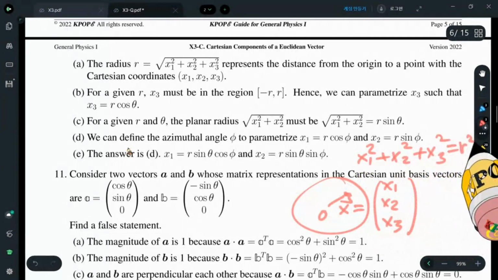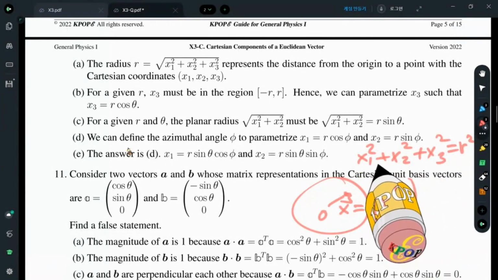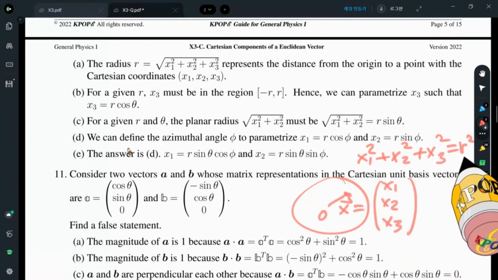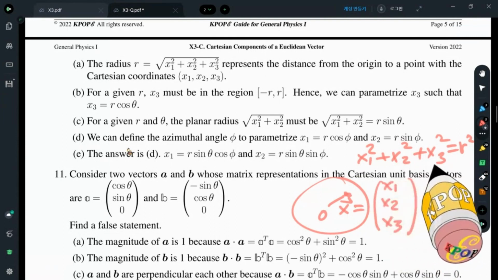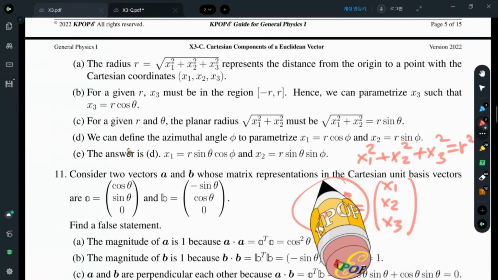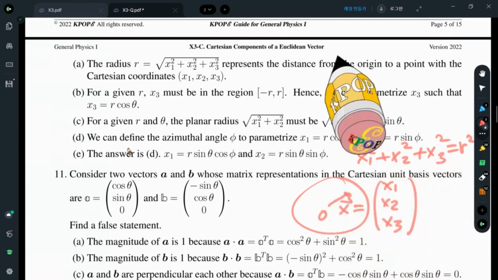That is the radius squared, right? Understood? x squared plus y squared plus z squared must be the same as r squared. This is the equation of a sphere. All right, so this is a way to write down the coordinates in three-dimensional space.